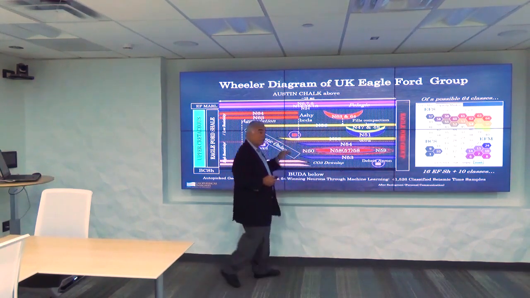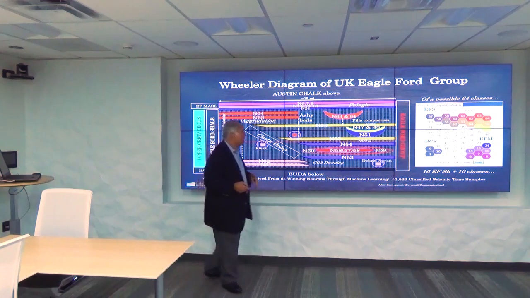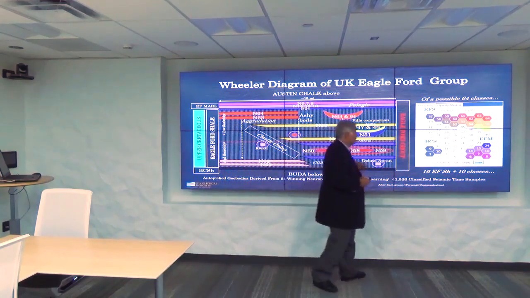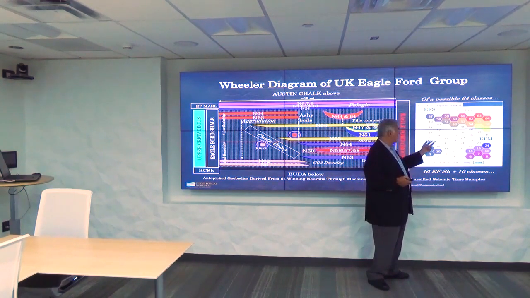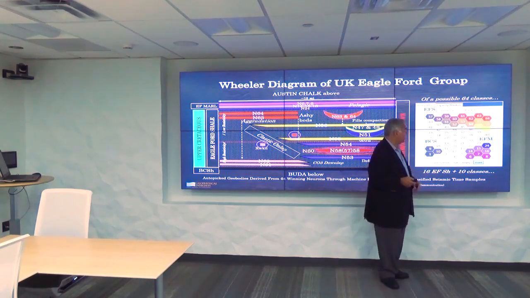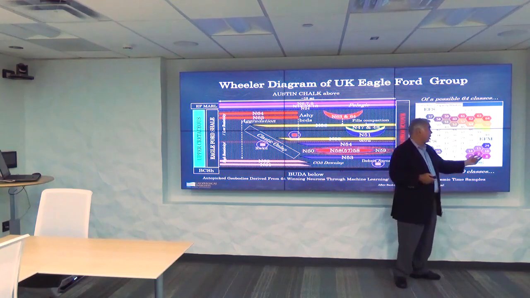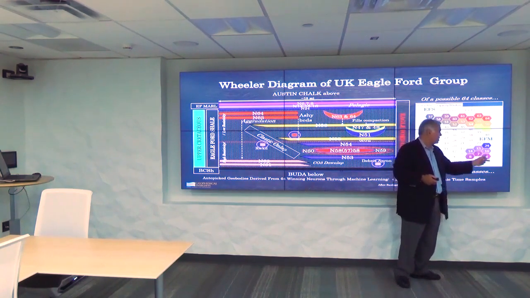So this is the whole Wheeler diagram that she put together by analyzing the machine learning results. And the basal clay shale, which was found in the wells, was associated with 3 neurons. The Eagle Ford marl were 1, 2, 3, 4, 5, 6, 7.